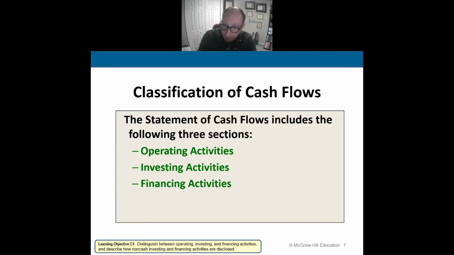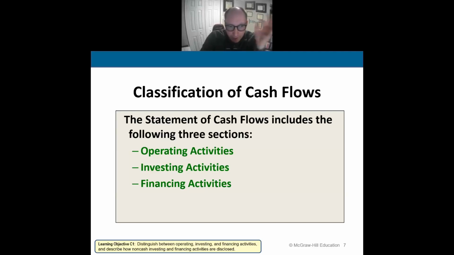That's day-to-day operating activities. Cash going out of the business for operating activities includes things like paying your employees' wages, paying utilities, paying rent, and other things like purchasing inventory. Those are all operating activities, day-to-day operations of the business. So operating activities, think day-to-day operations of the business.